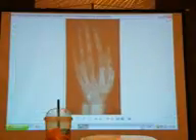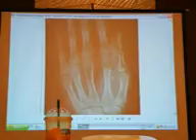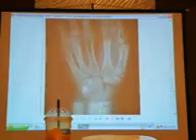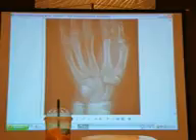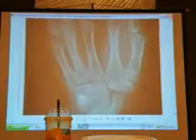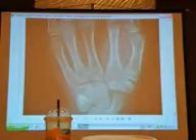Here we have a quite young patient. The bones of the hand wrist are not yet fully formed. And when we make this larger, do you see sesamoid? No sesamoid.